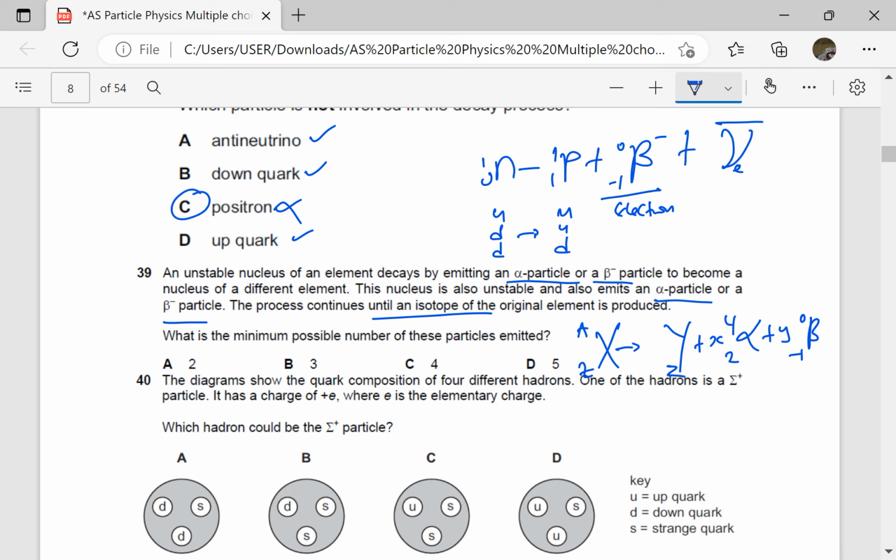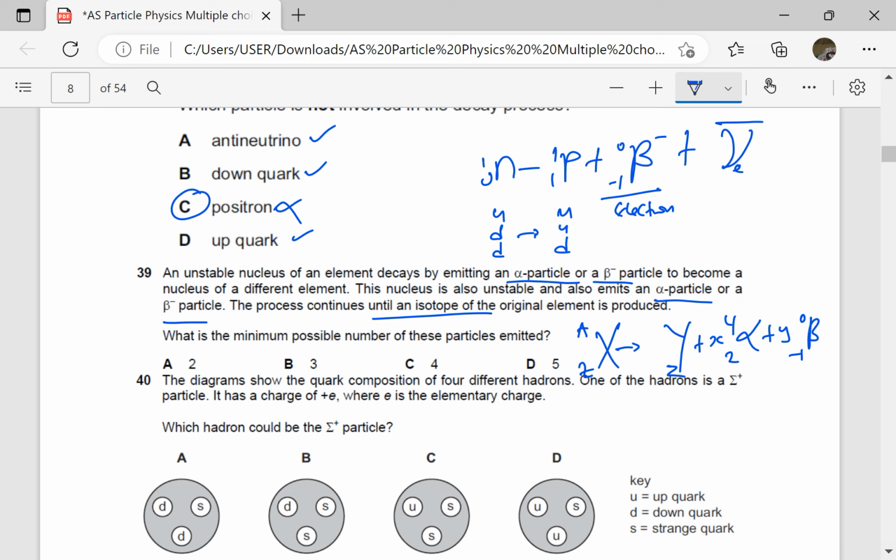So let's say the nucleus X emits x alpha particles and y beta particles as shown by that equation, but the proton number of X and Y should be the same in this case.